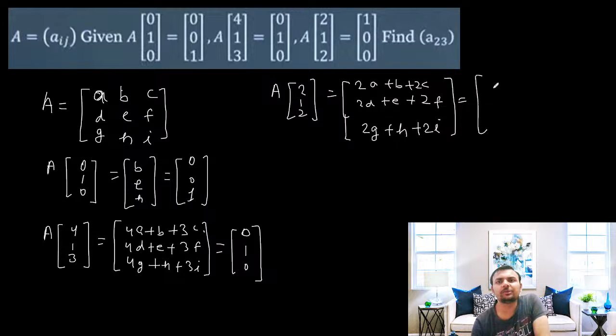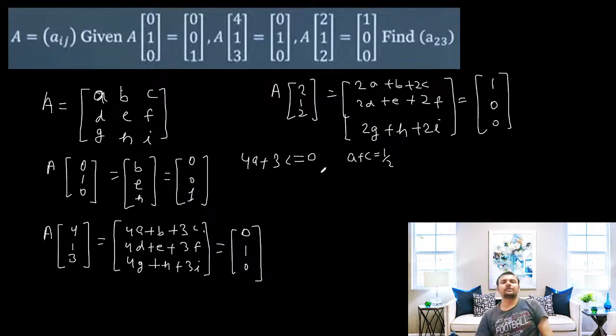It is 1, 0, 0. Now B is 0, so we can say that 4A plus 3C is equal to 0. If B is 0, we can say A plus C equal to 1 by 2. So multiply by 4 and subtract, we will get C equal to 2, A equal to minus 3 by 2.